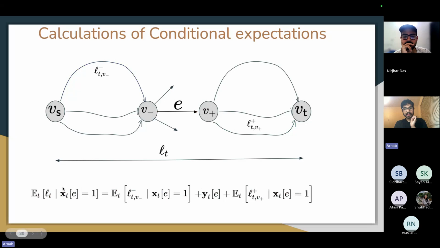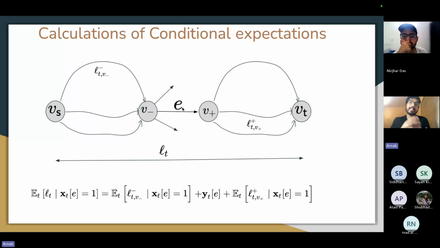This conditional expectation splits into the expectation from the first part, then this edge value, which is YTE, and then the expectation from the last part. Now, a crucial thing to observe is that the expected value of a subpath from source to V minus doesn't depend on the fact that you chose edge E from here.